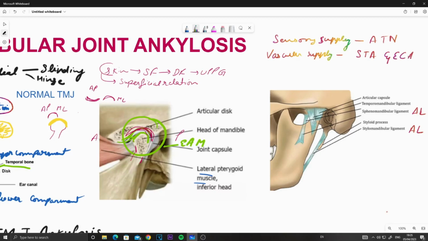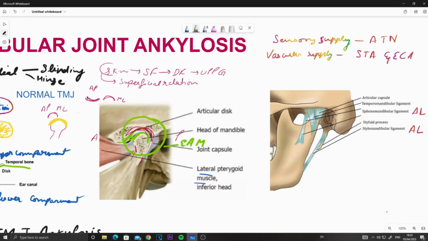The temporomandibular joints of the left and right side, although independent of each other, are interdependent on the dentition and the function. A hinge movement takes place in the lower joint cavity and gliding movement in the upper joint cavity.